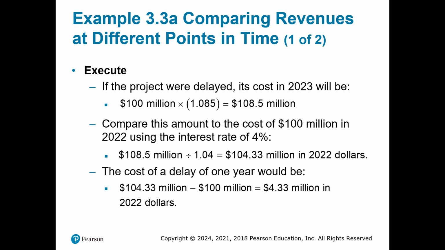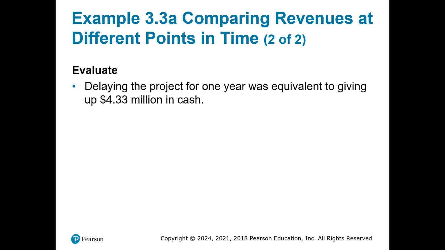So the cost of a delay of 1 year would be $104.33 million minus $100 million, equal to $4.33 million in 2022. So to evaluate, delaying the project for 1 year was equivalent to giving up $4.3 million in cash.